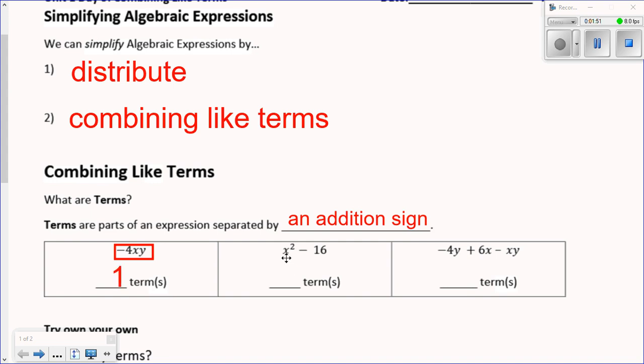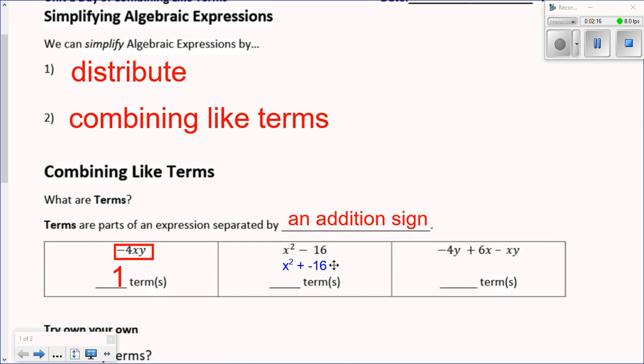Here we have x squared minus 16, so a minus sign. This is actually two terms, and I'm going to show you why. In class we talked about double signs and how we can simplify them. Now we're kind of undoing that. Instead of saying minus, we could write it as x squared plus negative 16.